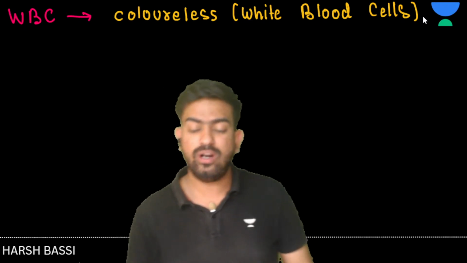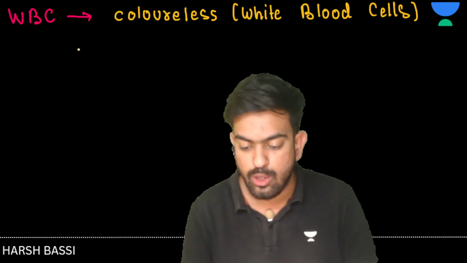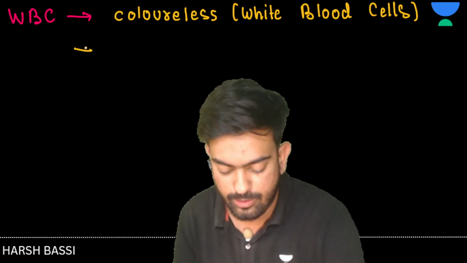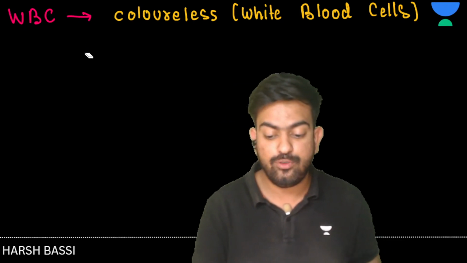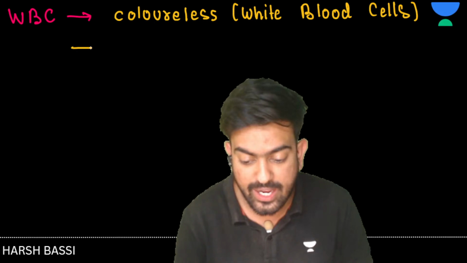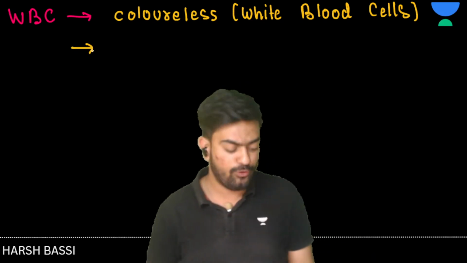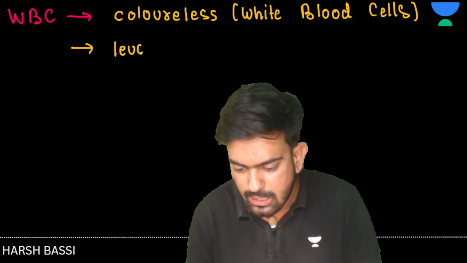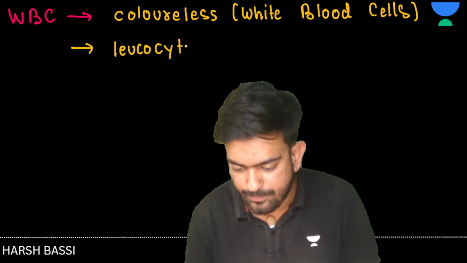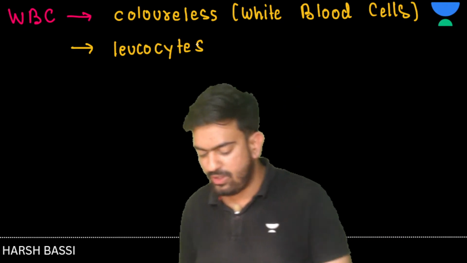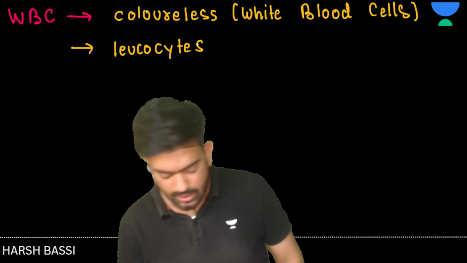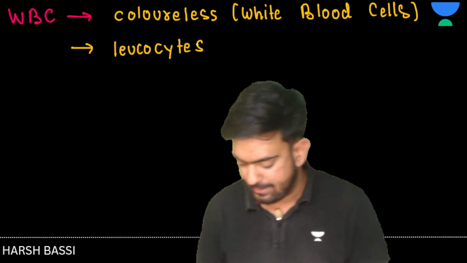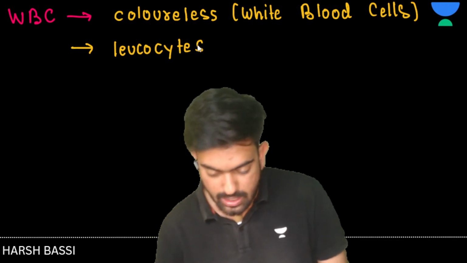What is another name for WBC? Another name for WBC is leukocyte. Clear? Okay, great.